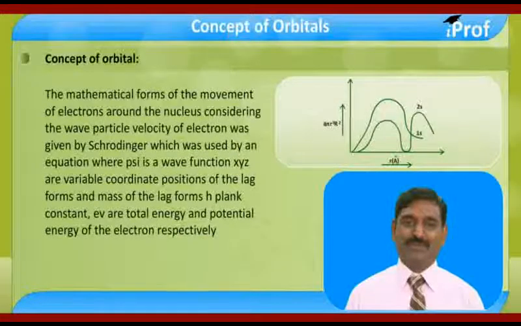The mathematical form of the movement of electrons around the nucleus, considering wave particle duality of the electron, was given by Schrödinger.